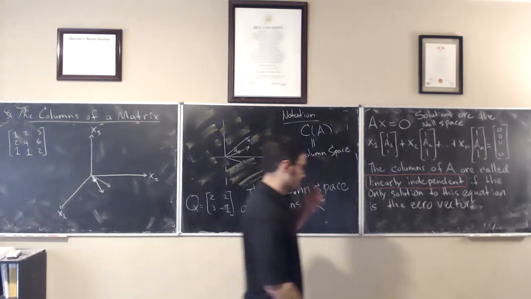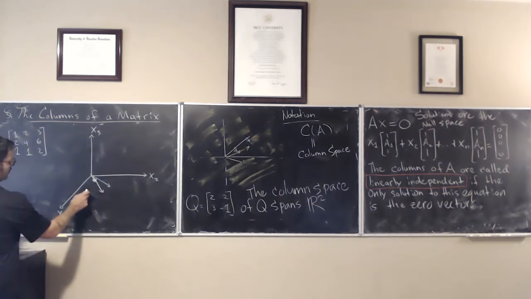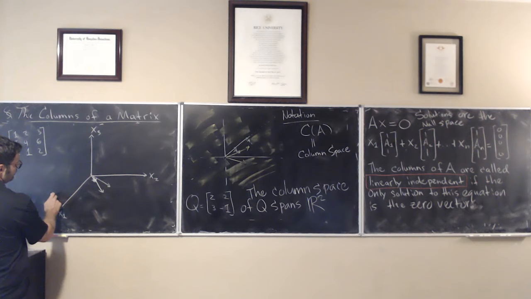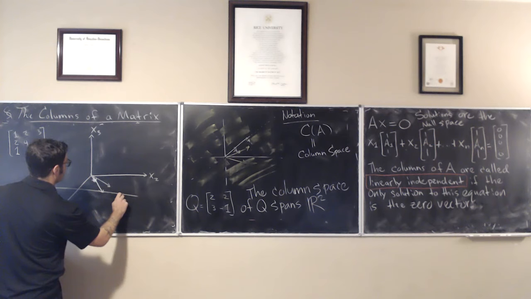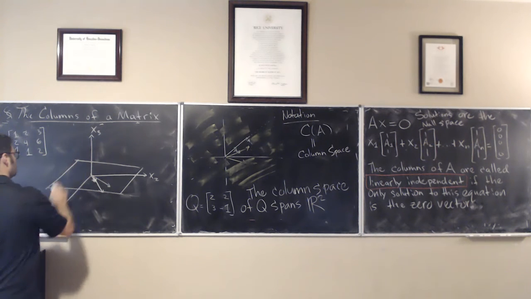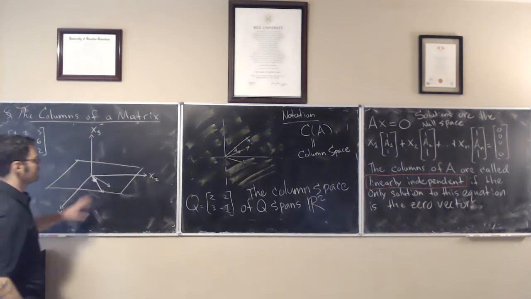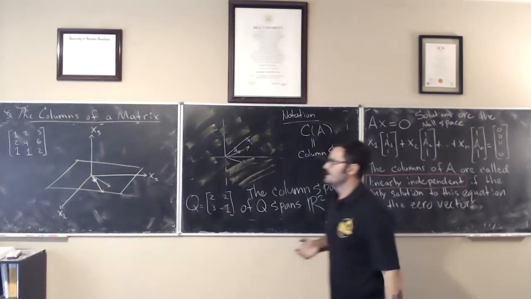You can't see it with this picture, but really what's happening here is that all of those vectors live on a plane, a single plane in R3.